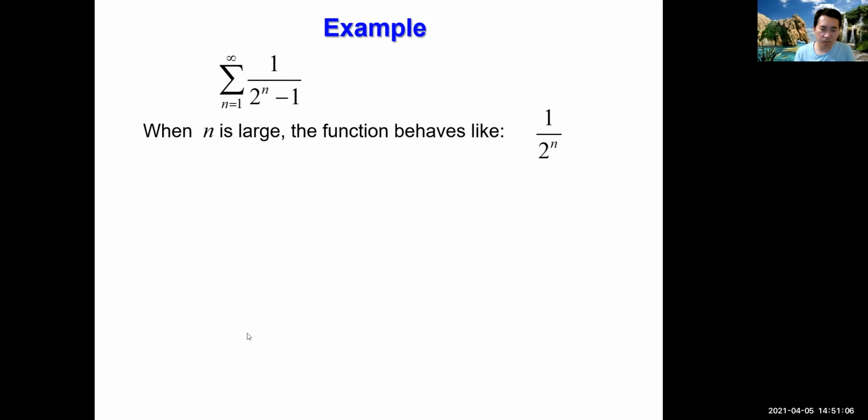Again, what we do is we just want to compare the series with the series. Okay, that one and that one. This one we don't know, but we do know about this one.